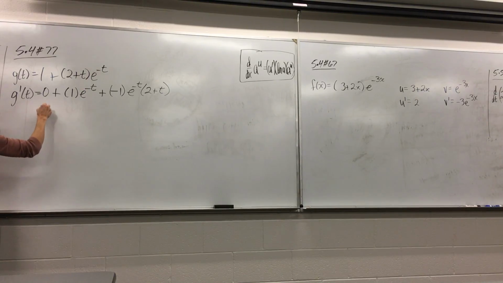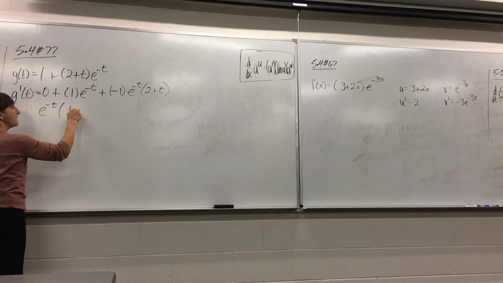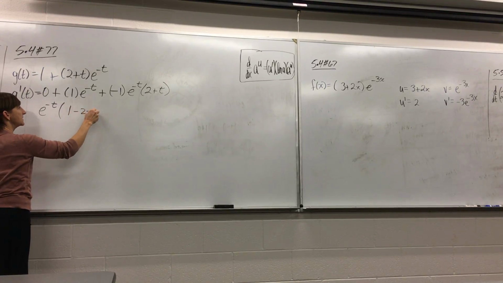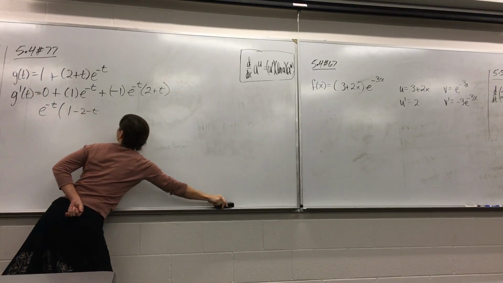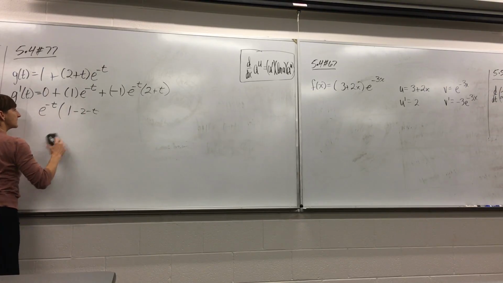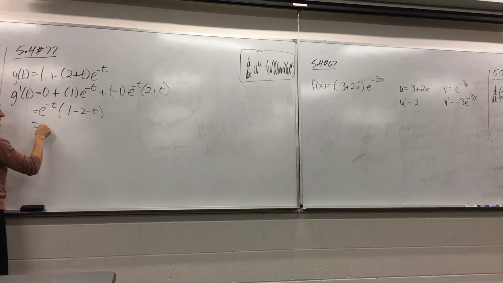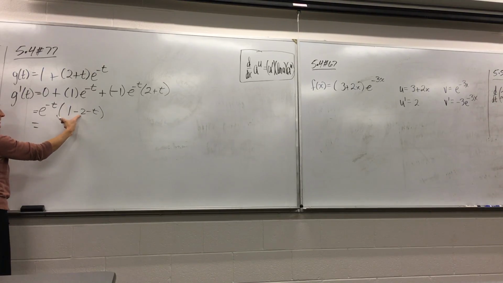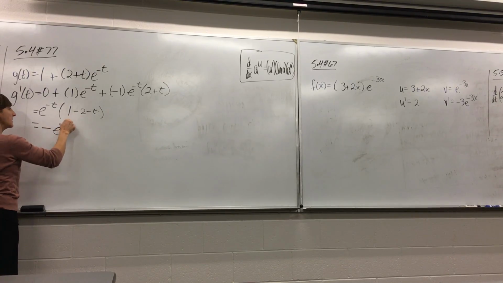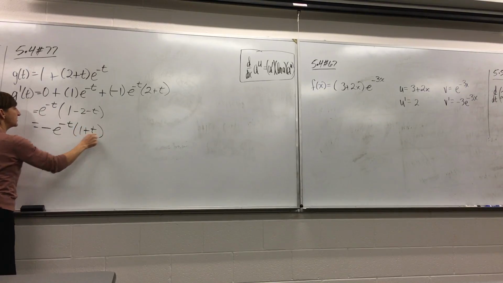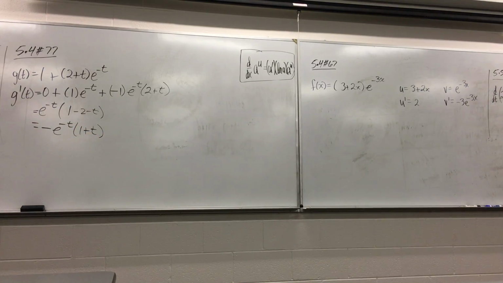Then I want to make it easy to work with, so I'm going to factor. That gives me a 1 minus 2 minus t. That gives me, check me on this. No, I'll just do it out. Negative 1 minus t, negative 1 plus t. Is that what you guys get? T minus 1.